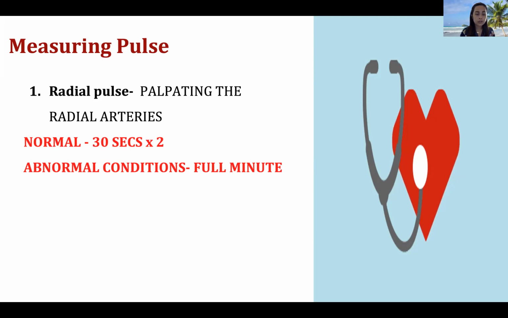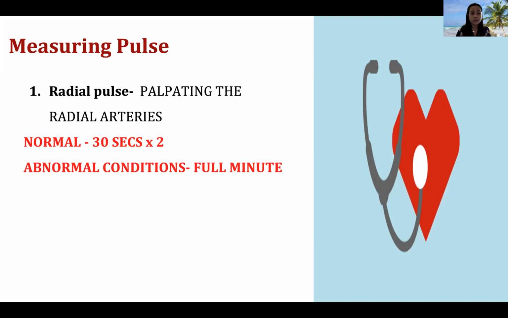For a normal person, you just count. That's why you need a watch with a second hand to check the radial pulse. For a normal patient, you should check for 30 seconds. For example, in 30 seconds you got 30, then you multiply it by 2, so you will get 60.